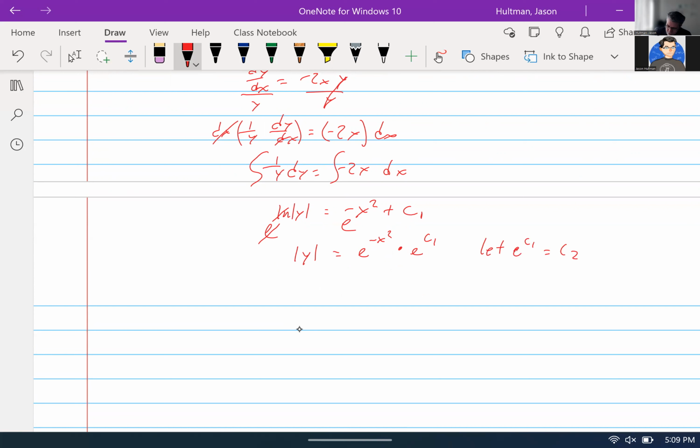That'll be my constant, because e to a constant is just another constant. So now we have absolute value of y is equal to c2 e to the negative x squared.